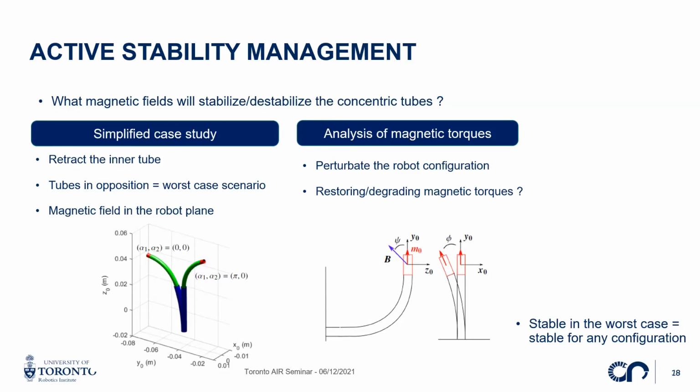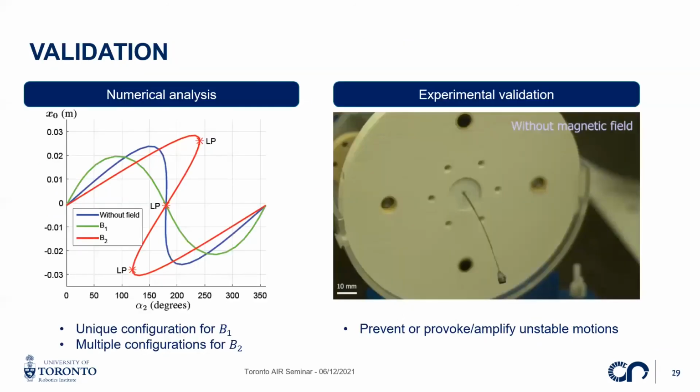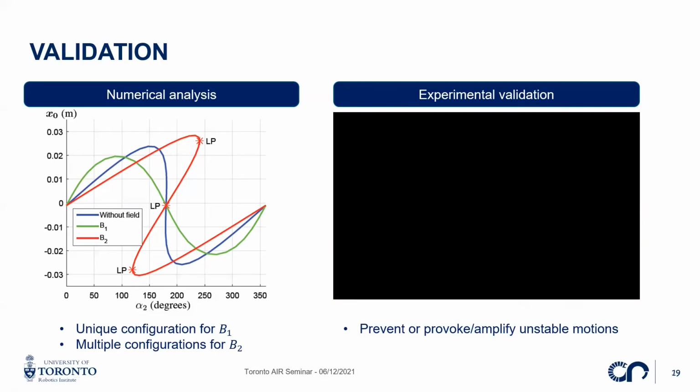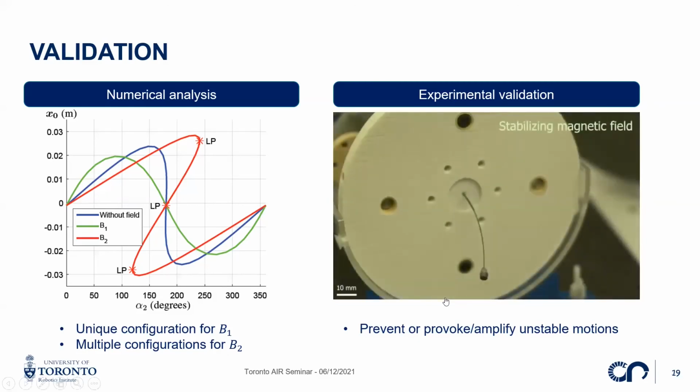And that's what we tried to validate numerically and experimentally. So we start from a robot configuration where we are almost unstable. So this is the blue curves here and the video that you can see here. So we are almost unstable theoretically, but in practice, we are a bit unstable at some point. You saw the jump of the robot during the rotation. And then by selecting appropriately magnetic fields, we can stabilize these robots during the rotation of the precurved tubes.